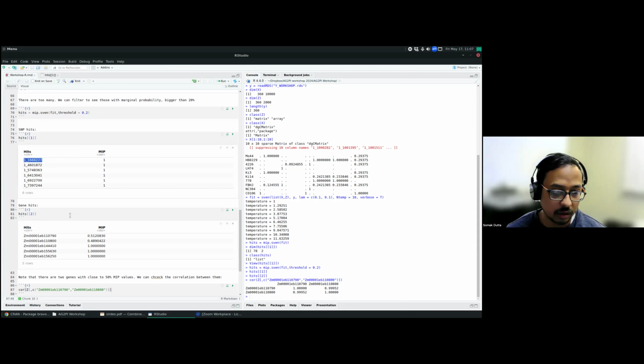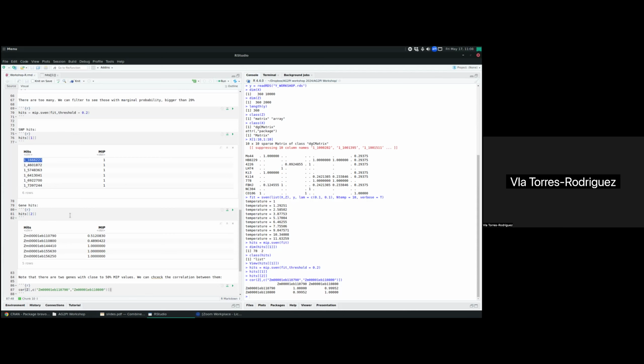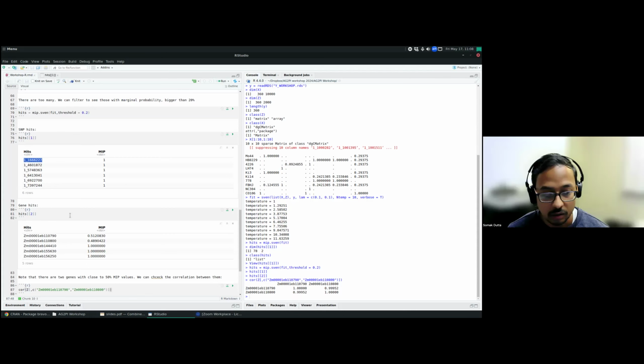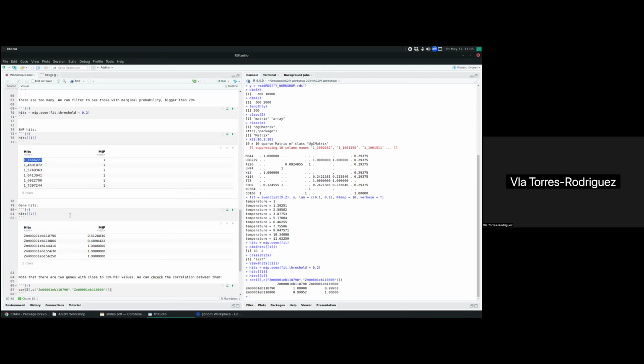Or it could also give more hits if there are true positives that were ignored in the separate analysis because the effects were not fully accounted for. So the takeaway message is that for the hits or genes we get, we are more confident that they have an effect. Okay, yes, thank you.